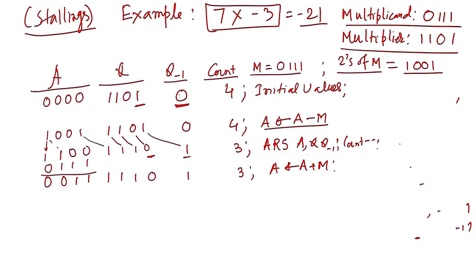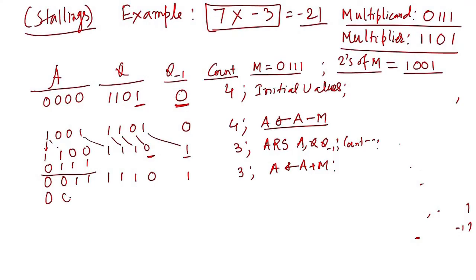Now, after the operation we have to do the arithmetic right shift again, then this phase will complete. So, this 0 will come here and then the counter will be reduced to 2.